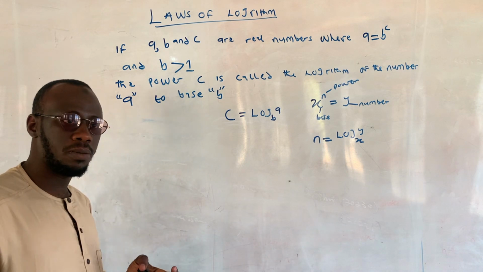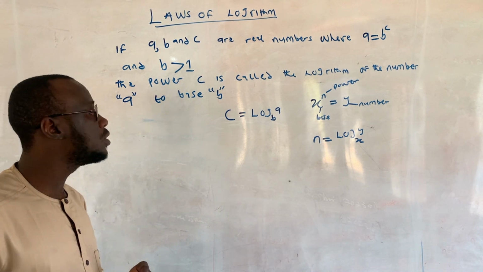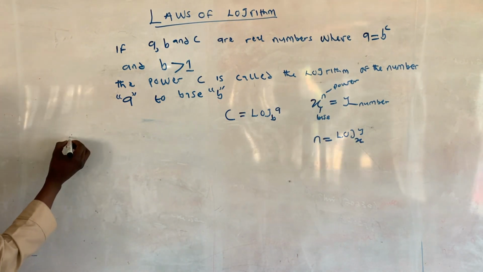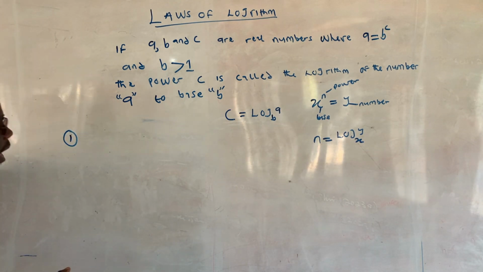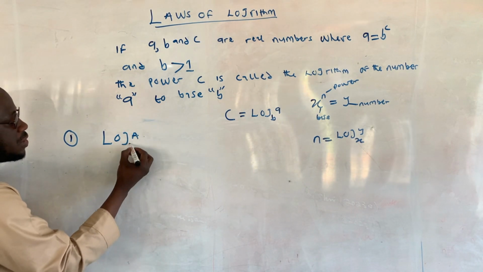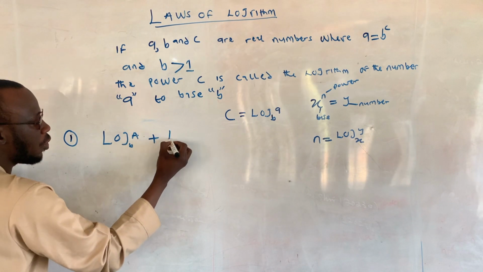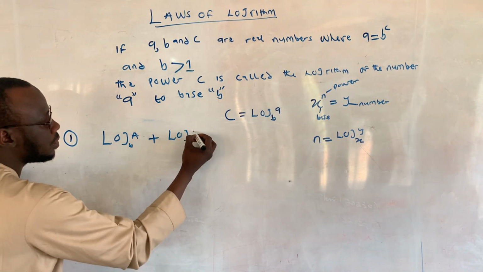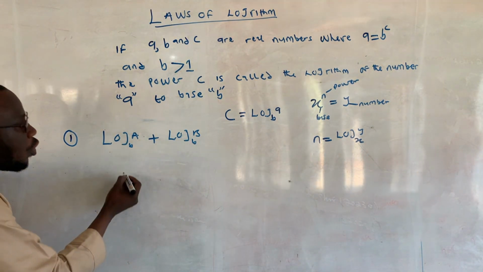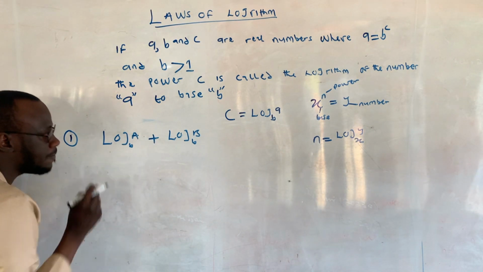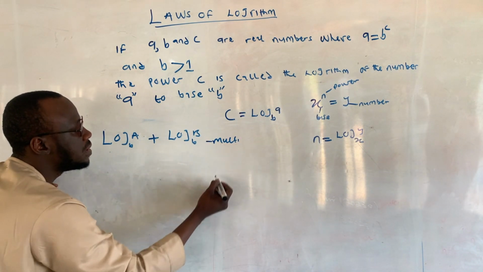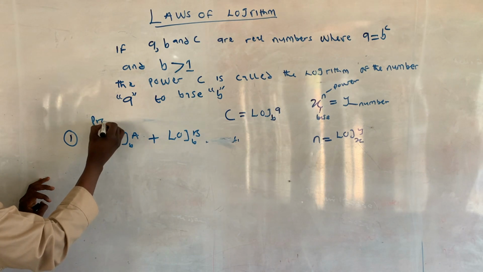After this, there are some rules that are normally used to solve logarithm equations: the product rule, the quotient rule, the zero rule, and so on. For example, the first rule: log A base B plus log B base B. This rule is known as the product rule.